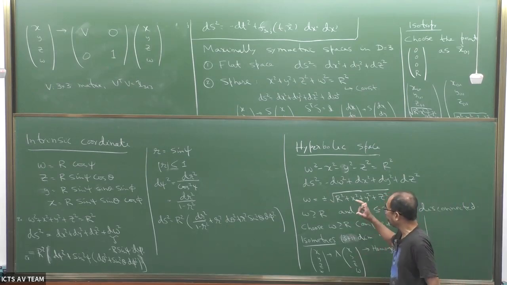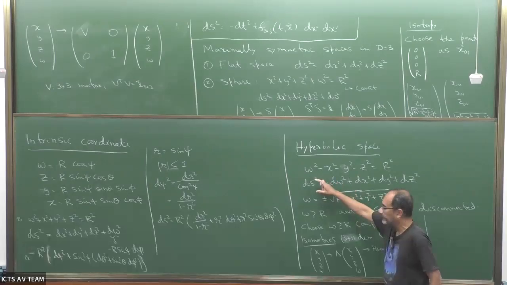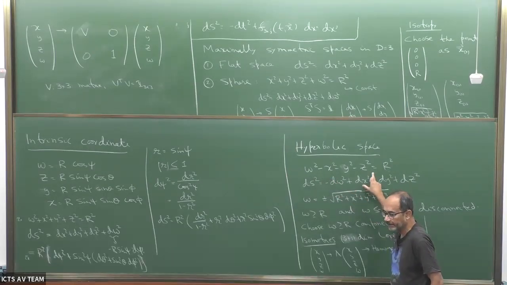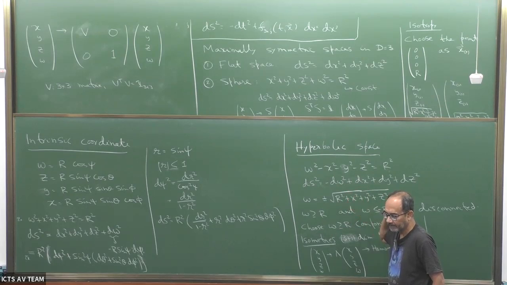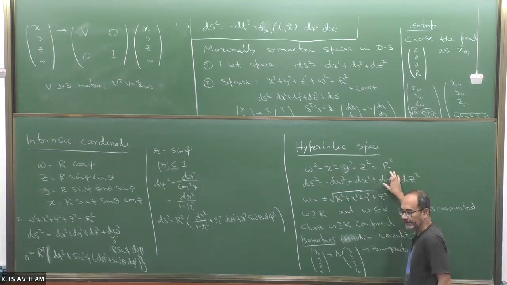Yeah. So homogeneity means given 2 points, each of which satisfies this, there is a Lorentz transformation that relates them. No, R is fixed. R is a constant because this is an embedding surface, otherwise it will be a 4-dimensional space.